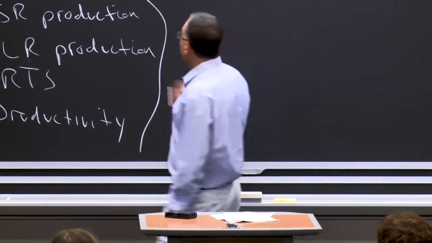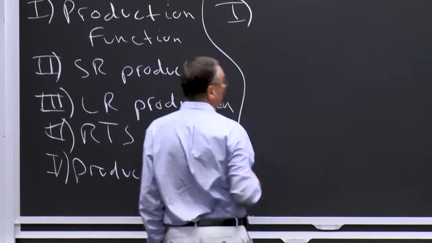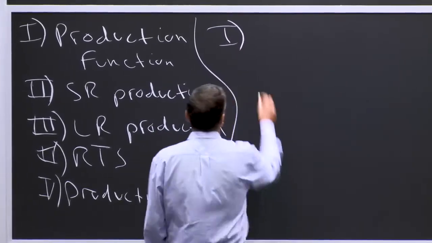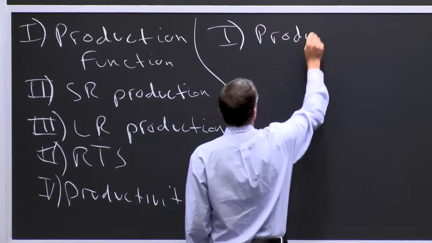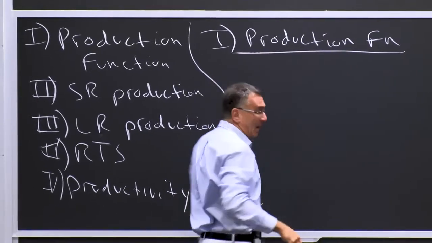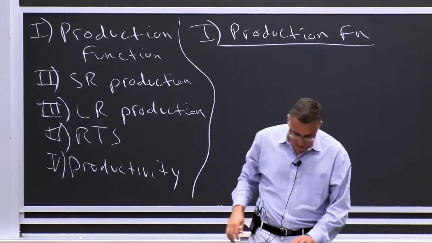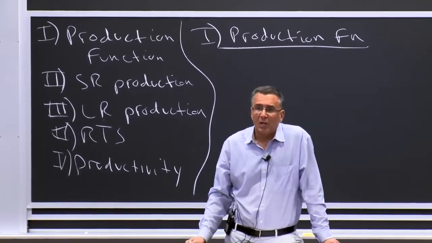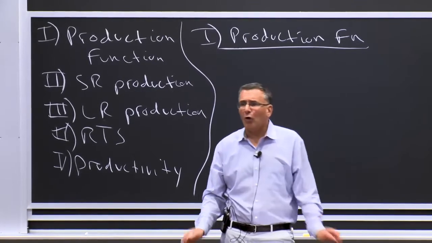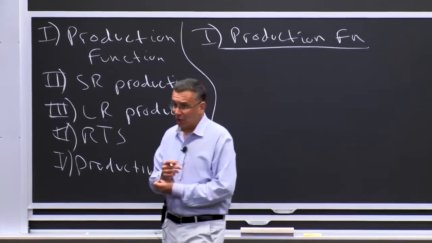So let's dive in. We're going to start by talking about how, just as consumers have a utility function, producers have a production function. Now here, their goal is not to maximize production.